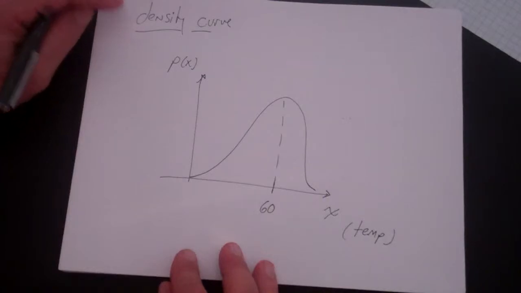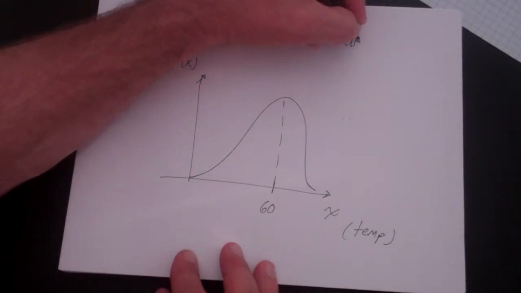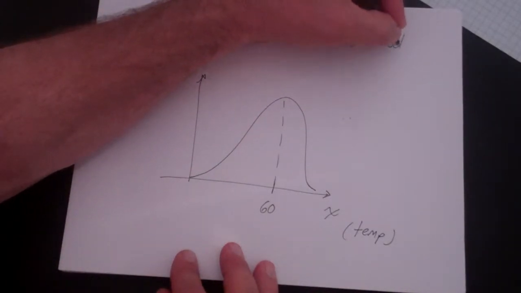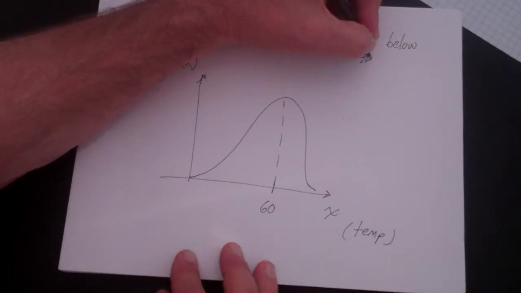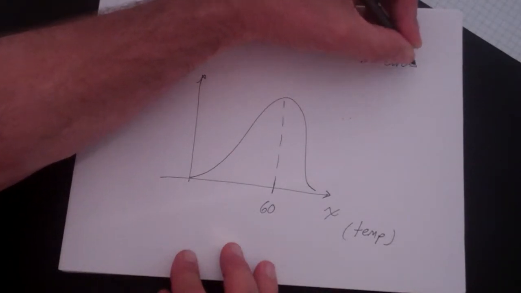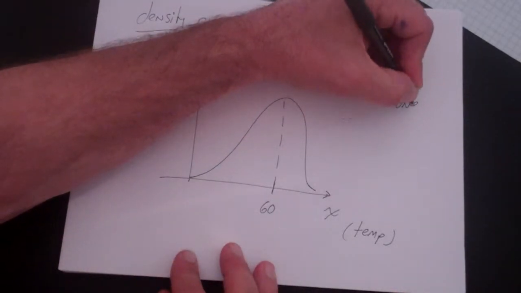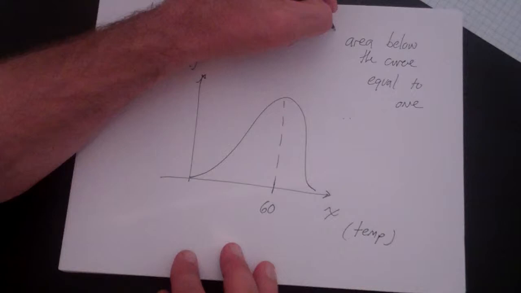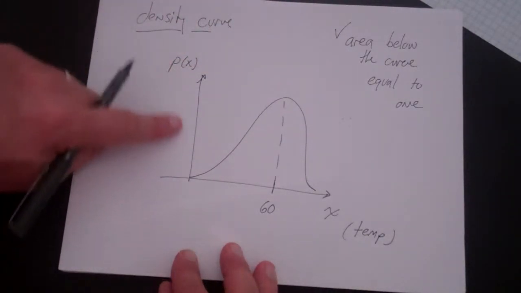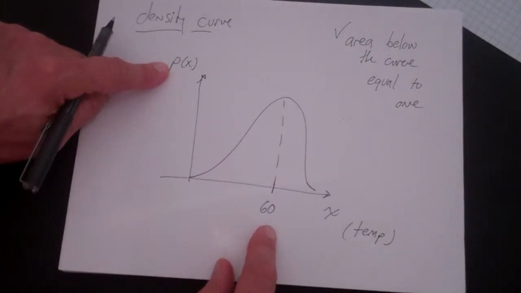The key thing about the density curve is the area below the curve is equal to 1. And the height is related to the probability of the outcome.